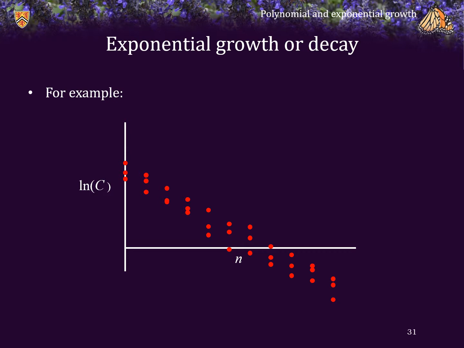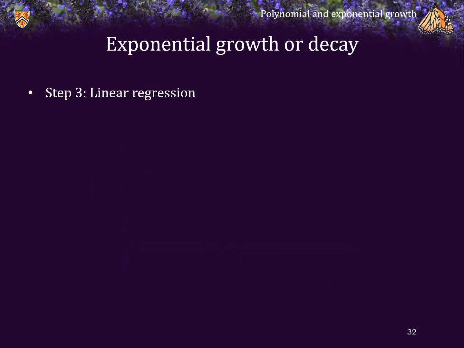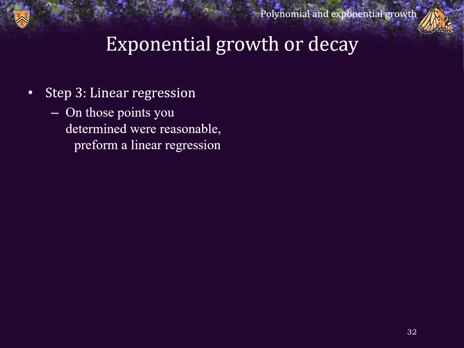Well, now these points do seem to fall in approximately a straight line. So this suggests that this data is indeed exponential. Next step, linear regression. On the points that we have found, we perform a linear regression to find the least squares best fitting straight line.